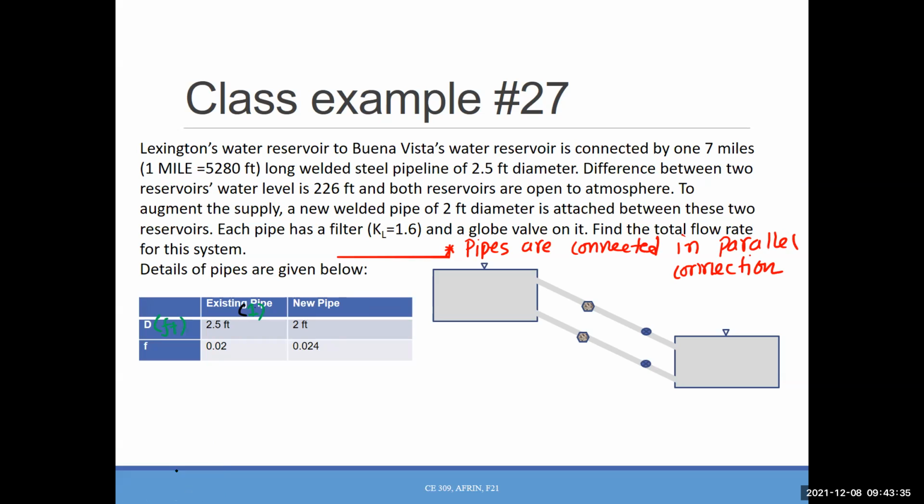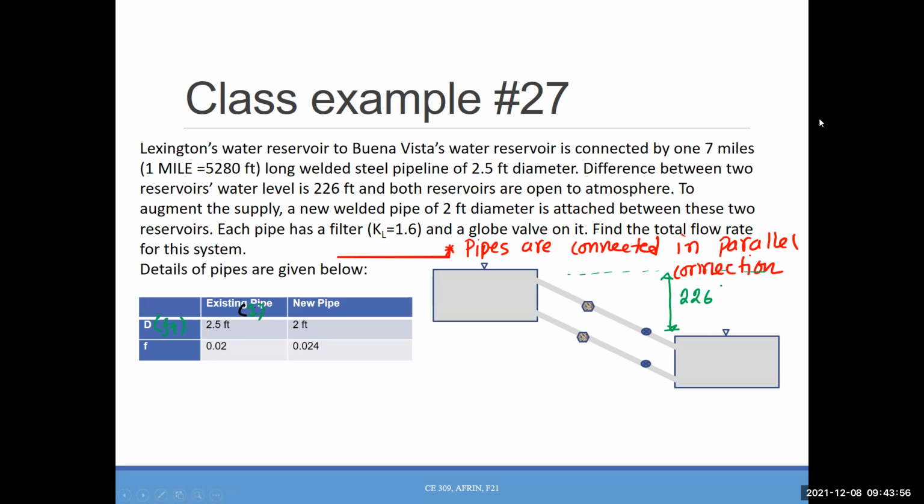And that elevation difference is what? 426 feet. Okay. Now the good thing is we have two reservoirs, both open to atmosphere, which will give us a few zero values, which will reduce the total calculation time.